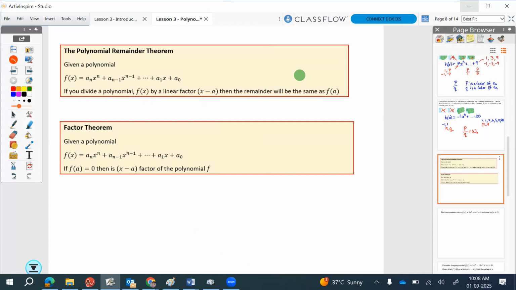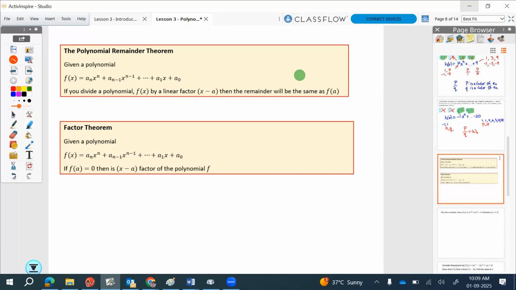Okay, so that's the polynomial remainder theorem. There is another theorem similar to this one, and it's basically a lemma from the polynomial remainder theorem. If x minus a is a factor, then from the fundamental theorem of algebra, a is a root. If x minus a is a linear factor, it tells us that a is a root.